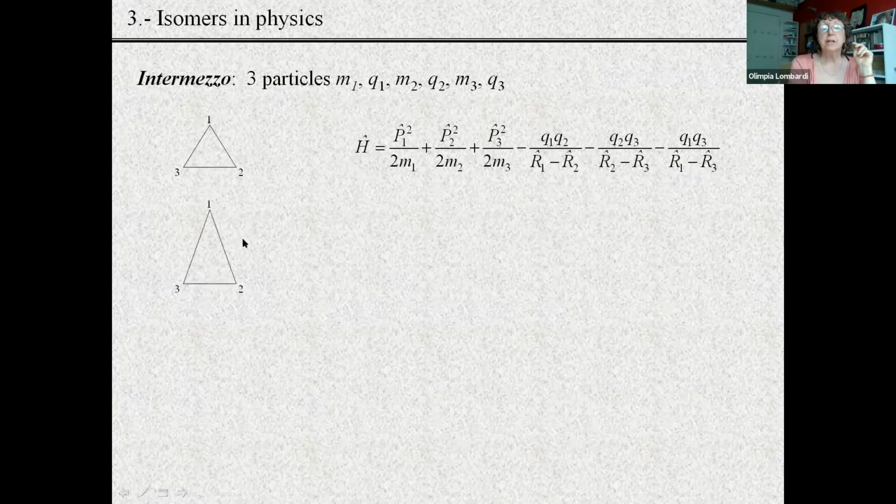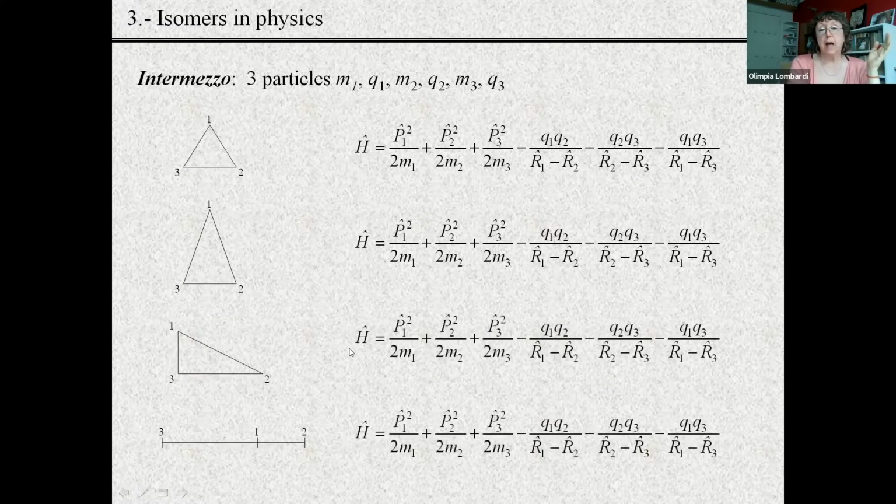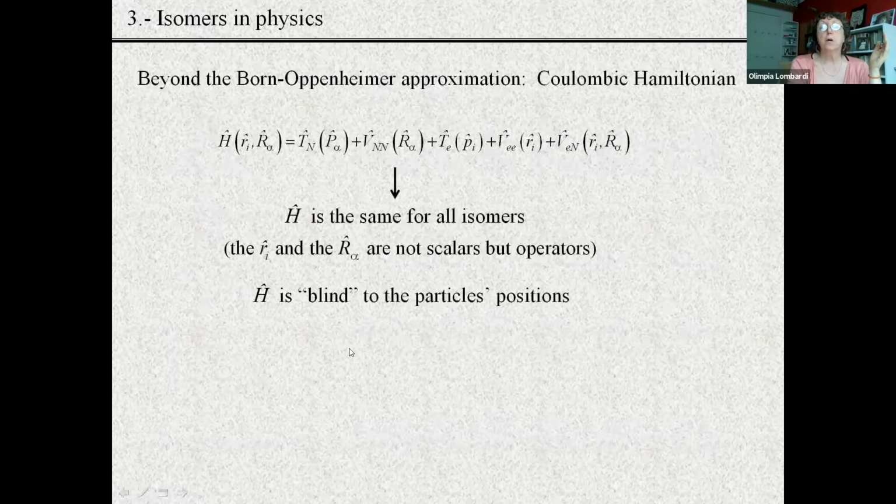If we imagine that this is the configuration, the quantum Hamiltonian, the Coulombic Hamiltonian, is the same, absolutely the same. And for any position, the Hamiltonian is the same, because the quantum Hamiltonian, the Coulombic Hamiltonian, the resultant Hamiltonian, is blind to the particles' positions, because the elements that take part are operators.